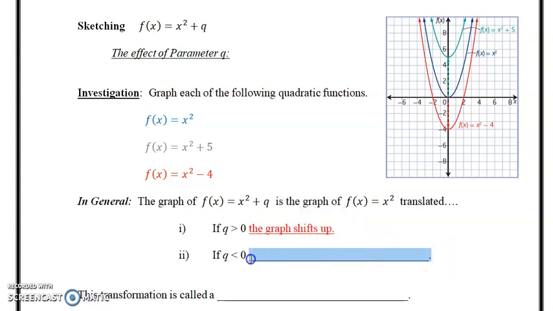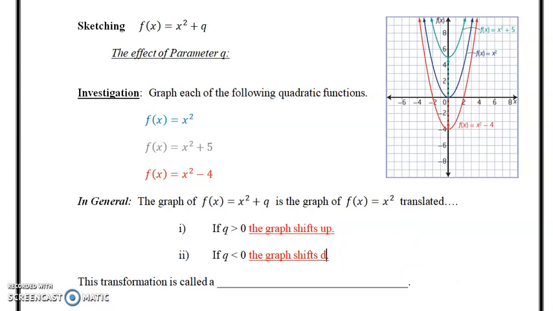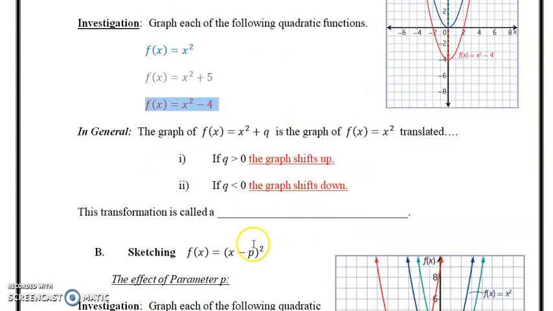And if q is less than 0, which means it's negative, the graph shifts down, as you can see in this equation. So the effect of adding q, the y value of the vertex in vertex form, is to move the graph.